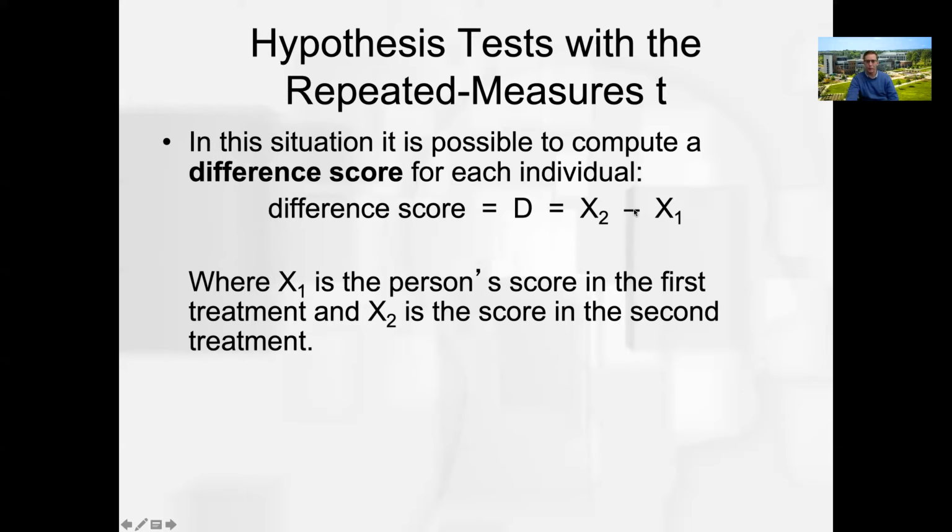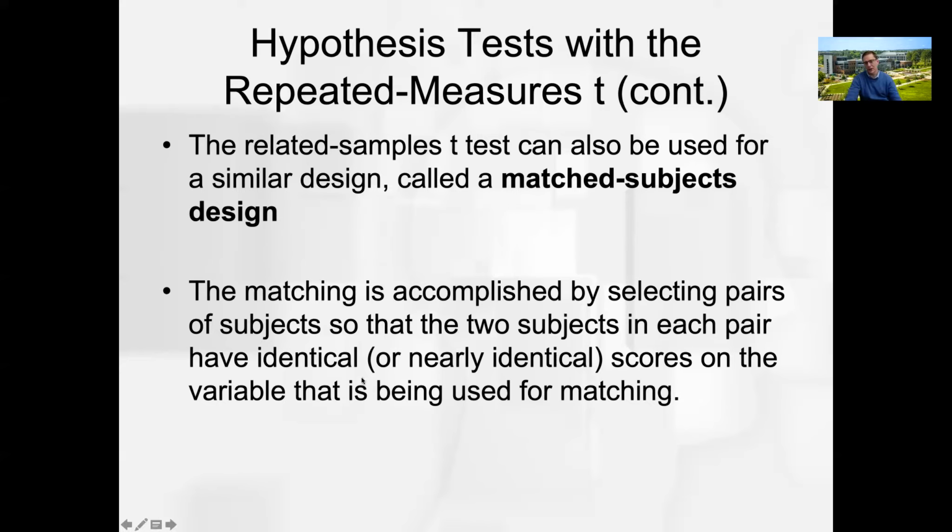And so selecting a pair of subjects so that the two subjects in each pair have identical or nearly identical scores for that variable being used for matching, right? So you get the benefits of trying to eliminate the individual differences, but now you don't have to worry about some of the order effects that we just talked about with those repeated measures. But regardless, the principle is going to be the exact same, right? You're going to be finding that difference score, that D score, for each of those pairs.